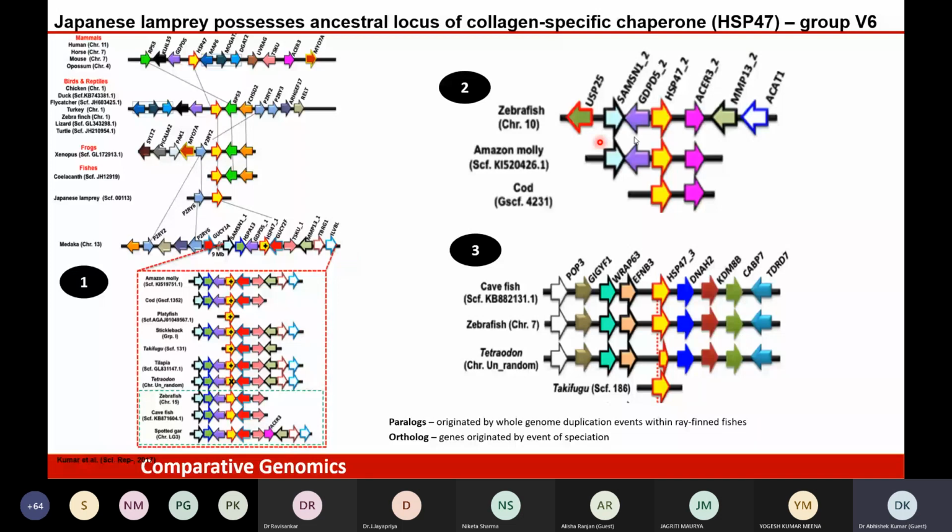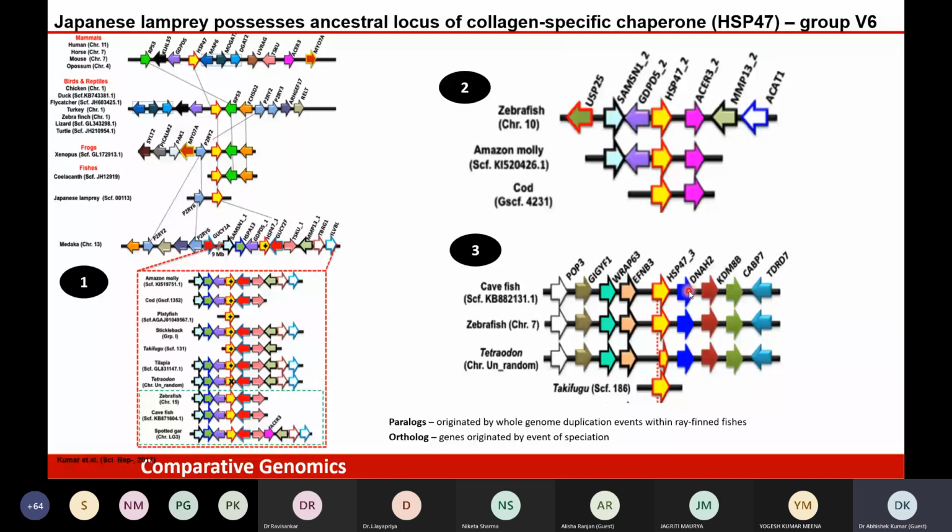But the second copy in fishes is paralog, originating by a duplication event in the fishes. And you see that this is also conserved. So this gene and this gene and the third gene are called paralogs in the fishes.